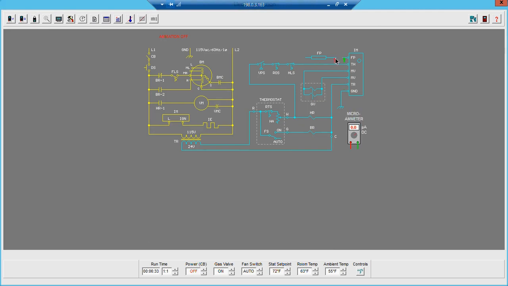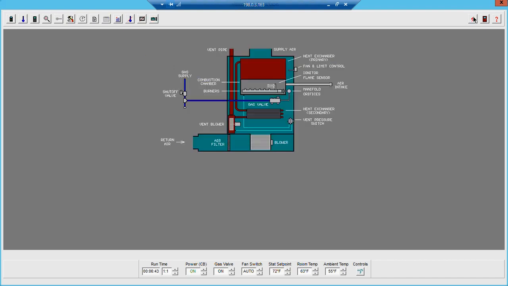So why don't we see what we're dealing with for our flame sensor. Right now we're reading 0 microamps. So let's turn this back on and see what we get for a microamp reading. That way we can verify whether or not that flame sensor is sitting properly inside the flame.